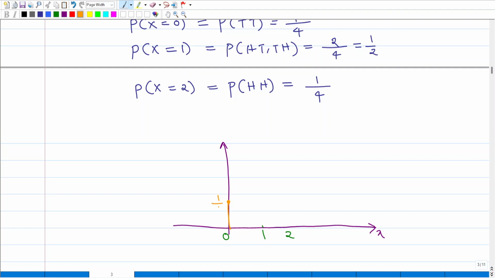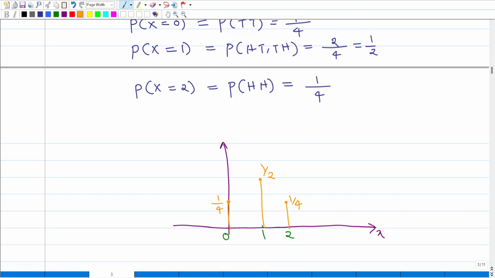And the probability at x equals 1 is 1 by 2. And the probability at x equals 2 is 1 by 4.